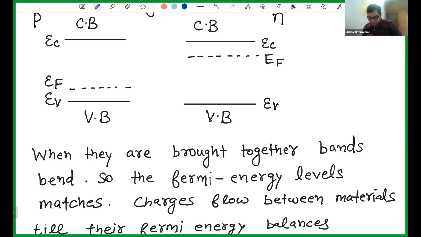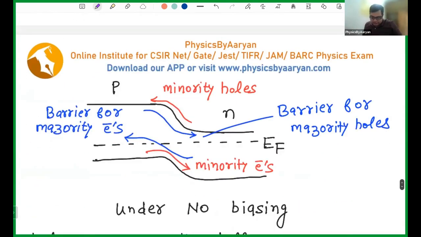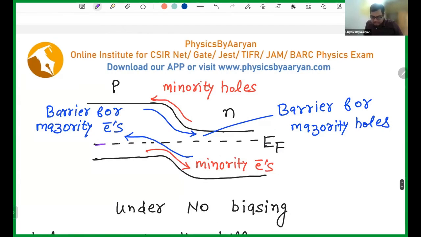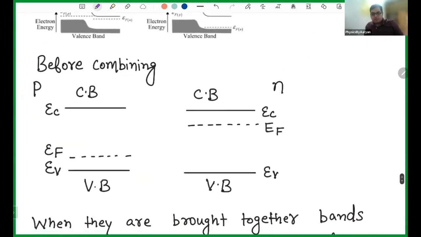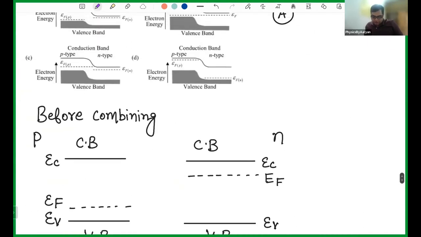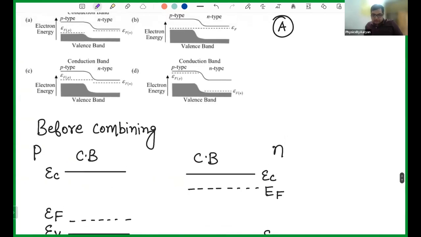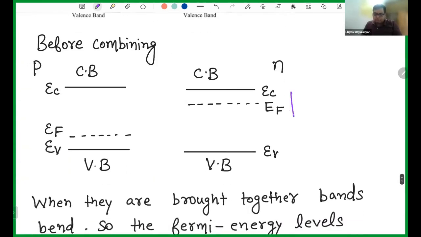So if I combine them, you will see that now the Fermi energy is the same. Throughout the material, Fermi energy is balanced. But what will happen? You can think that water in this case will come down. This bucket was at higher water and this bucket was at lower water. So water in this case will come down, and a little bit of water in this case will go up.